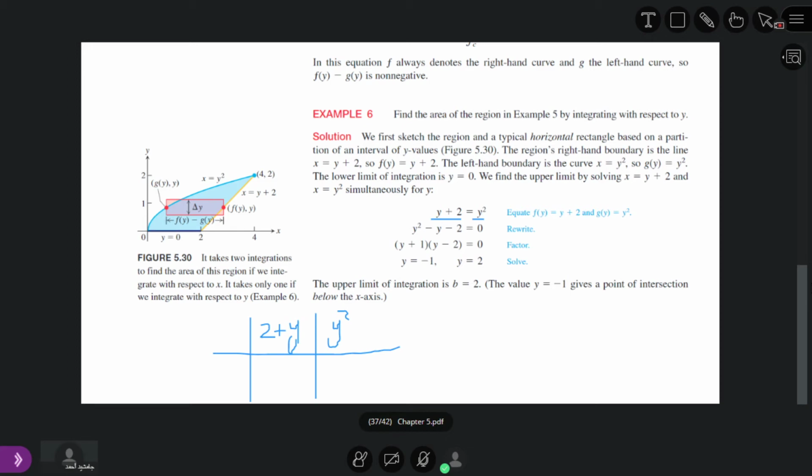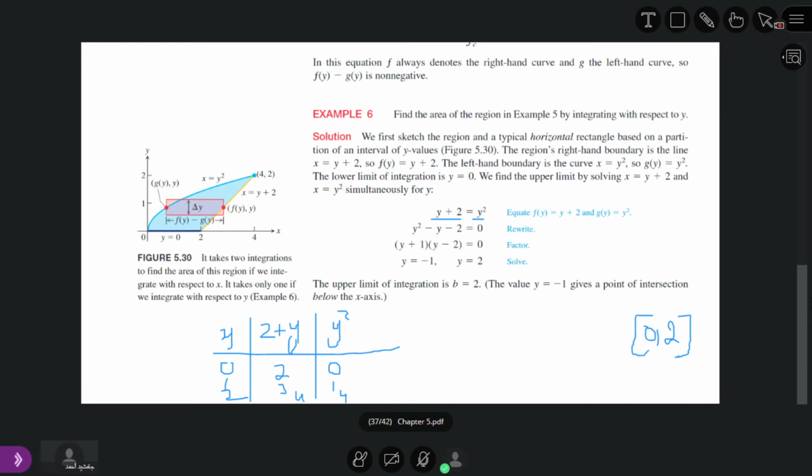For y between 0 and 2: if I put 0, we get 2 and 0, because 0 square is 0. If I put 1, this becomes 3 and this becomes 1. If we put 2, this becomes 4 and this also becomes 4.